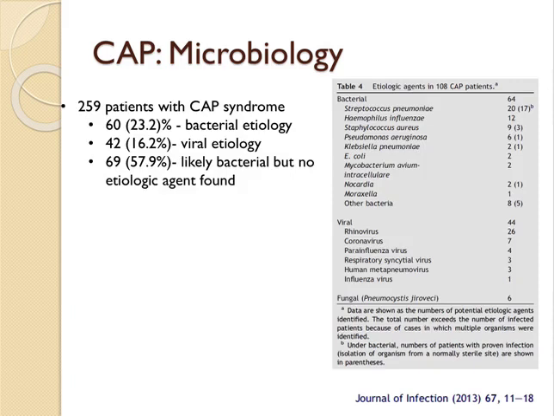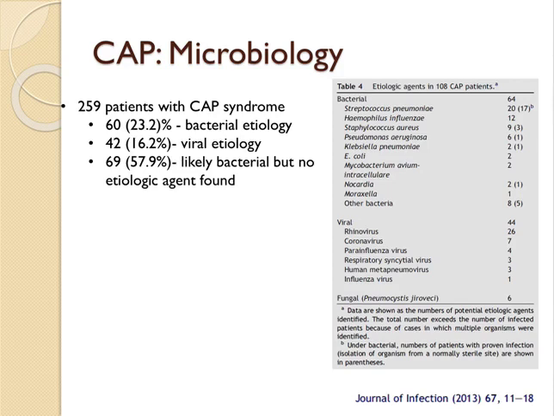So I just wanted to show you a couple of studies that studied the etiology of community-acquired pneumonia. So first one is a small study which was published in a Journal of Infection in 2013. And they evaluated 259 patients with a community-acquired pneumonia syndrome.